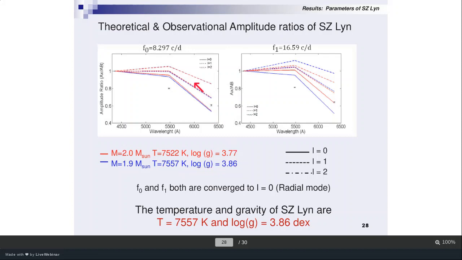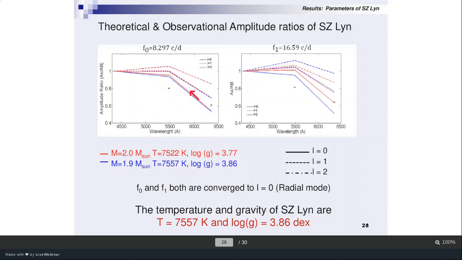You can see the blue line is one model and the red line is the other model. So I can match these frequencies with these models as well as with the modes of the oscillations. Here the blue line is closer to the observation.